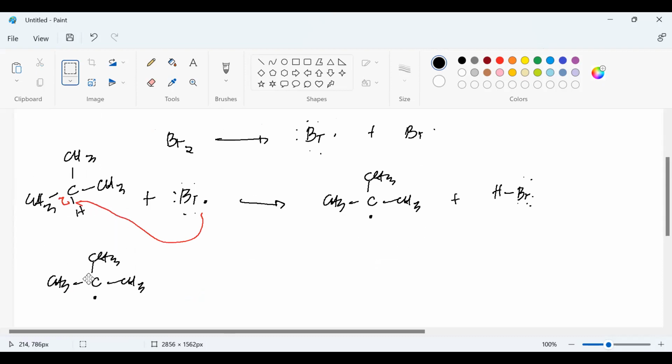So what we actually formed is a 3-degree radical here. Okay, 3-degree radical. And in the process of forming it, you will have your Br dot, and you actually produce your alkyl halide.